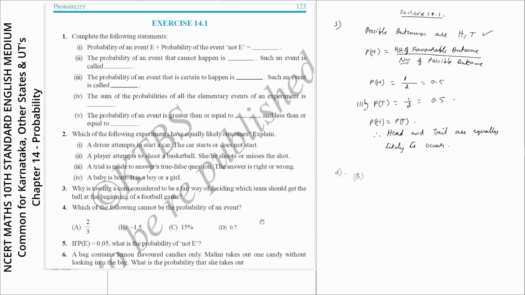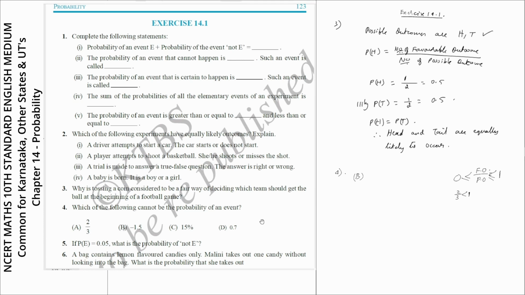Now probability is simply the ratio of favorable outcomes by possible outcomes, right? Okay, and this ratio is less than or equal to 1 and greater than or equal to 0, right? Now what is 2 by 3? 2 by 3 is actually less than 1.